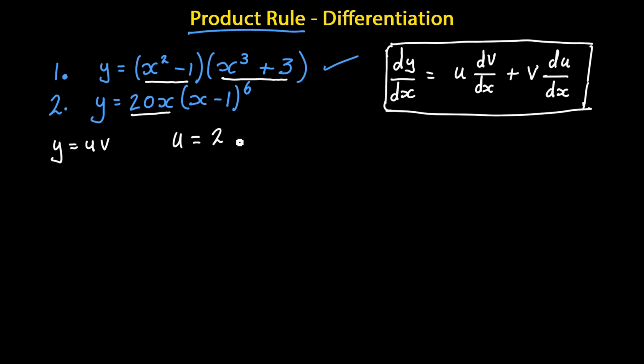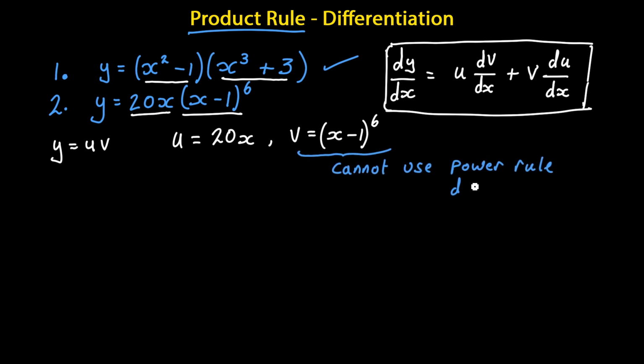Well, we can set u equal to 20x, and we can set v equal to (x minus 1) to the power of 6. Now, we come to a bit of a problem here with v, because we can't simply use the power rule to solve the derivative for this equation, because the power rule only applies directly to expressions where the base is just x.